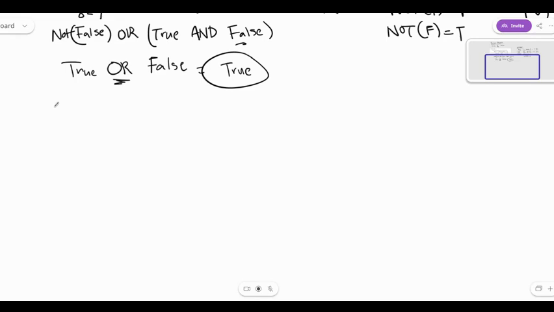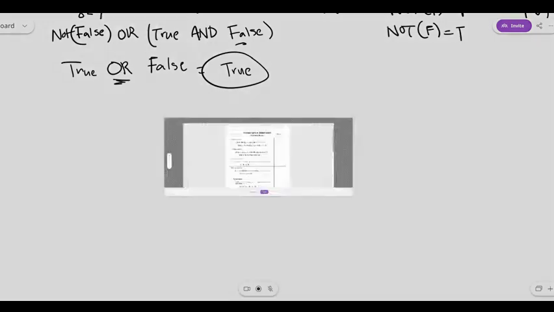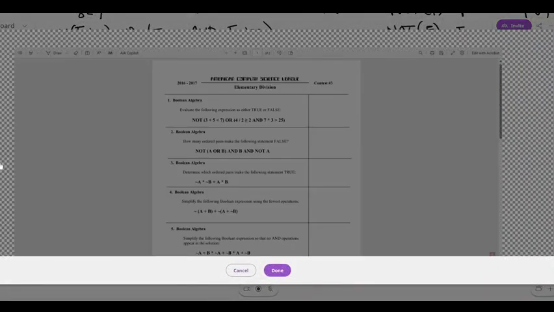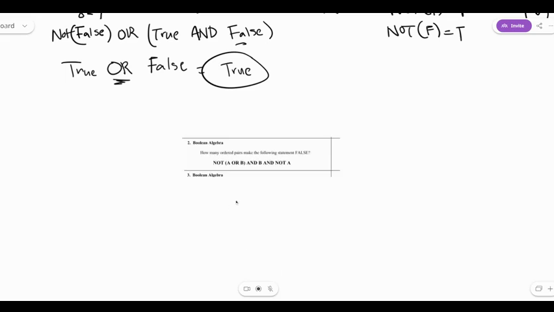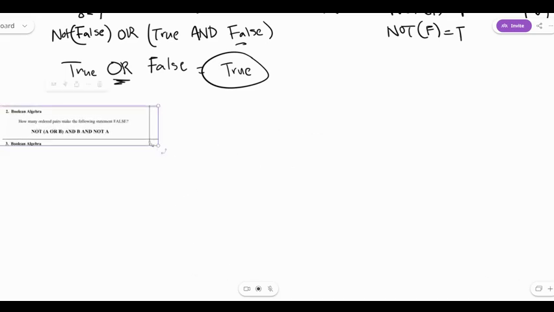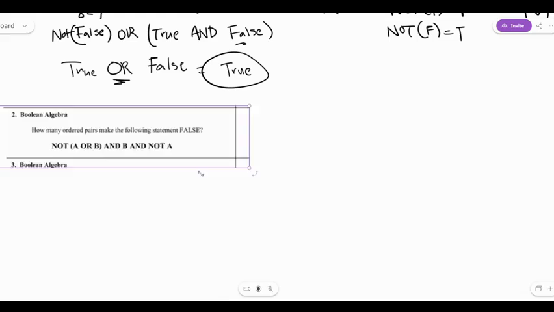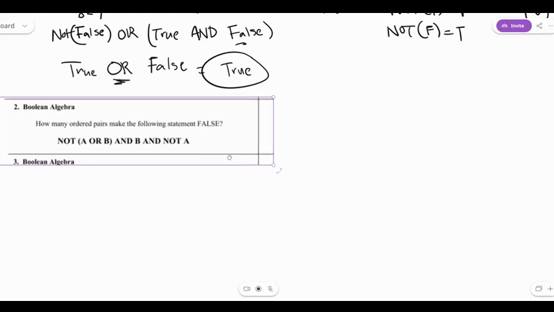Okay, let us look at a different problem now. How many ordered pairs will make the following statement false?